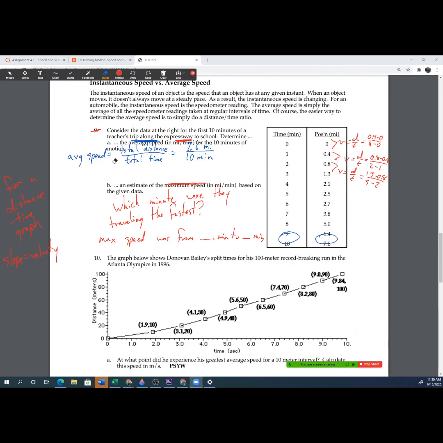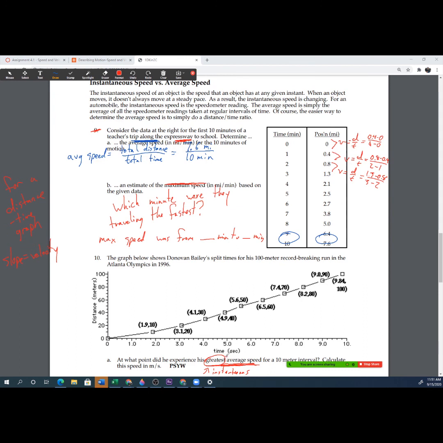On this problem, they ask you for his greatest average speed, which is, again, anytime it's looking for the word greatest, it does mean the instantaneous. Even though they use the word average, it does mean find the greatest speed in this amount of time he ran.